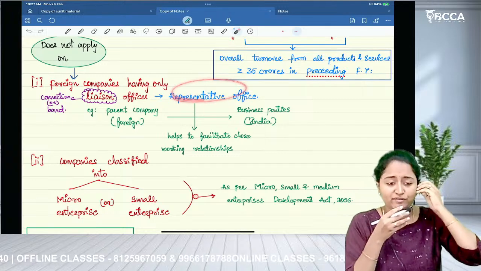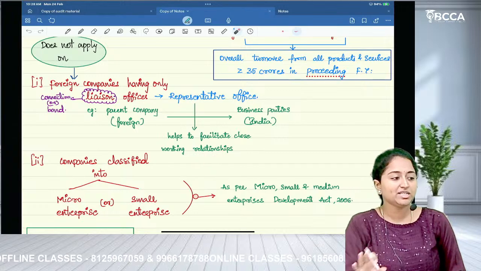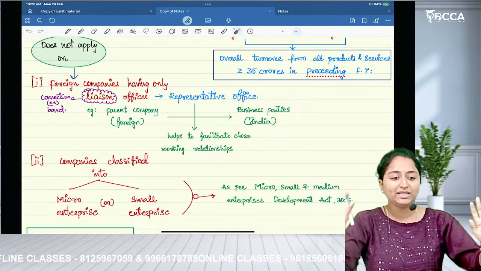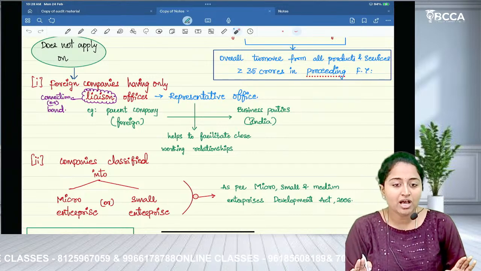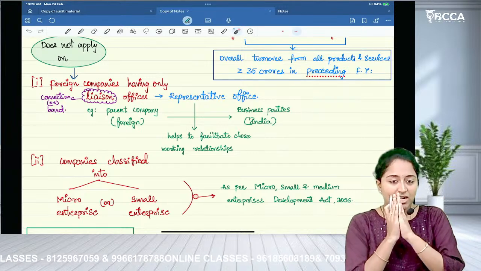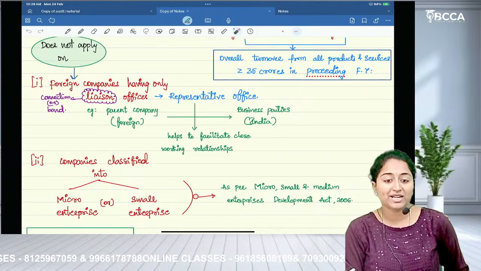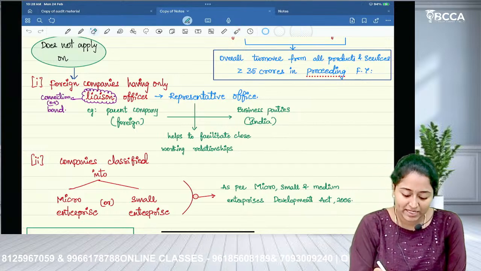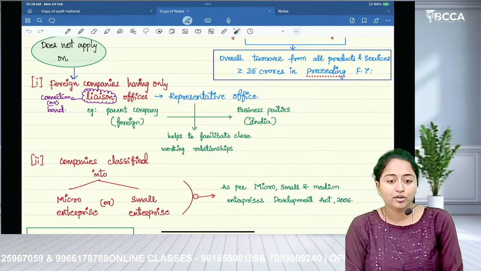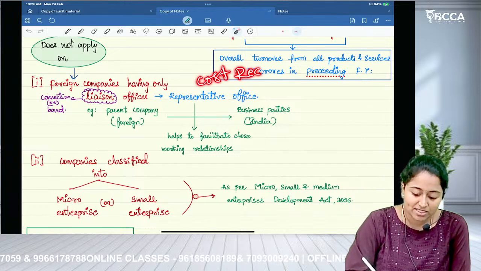This liaison office is only there to facilitate the working relation between the parent company and the Indian company. So those kind of offices where it will only be a connection between the two companies will be called a liaison office. Okay. So if there is any liaison office, then for those kind of liaison offices, cost records maintenance is not required.